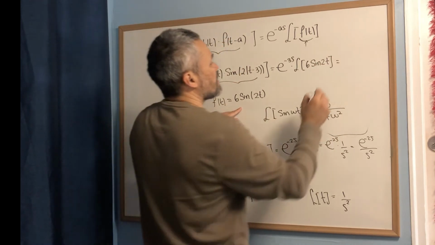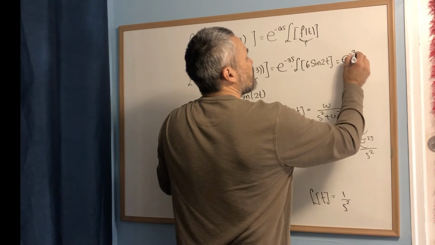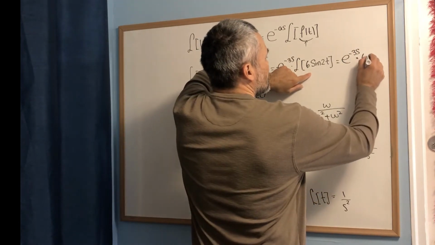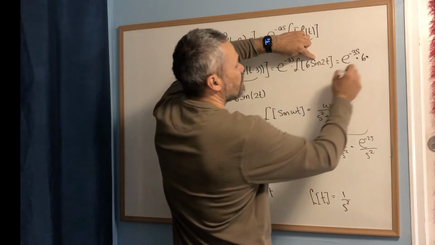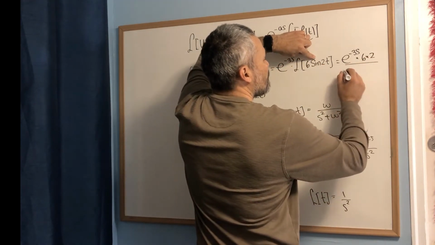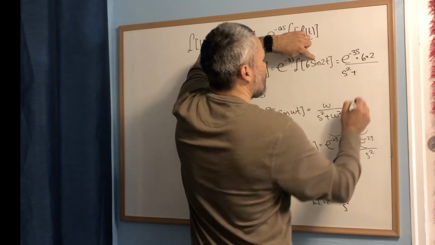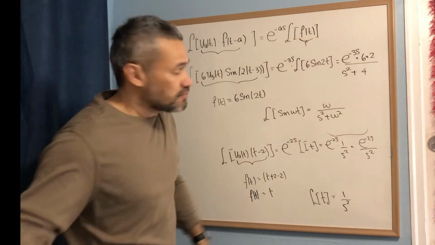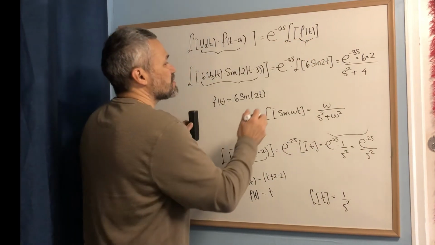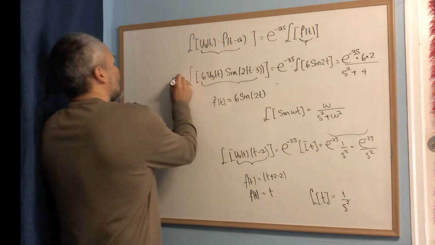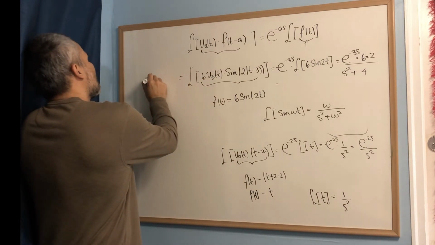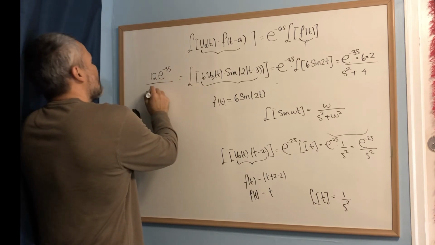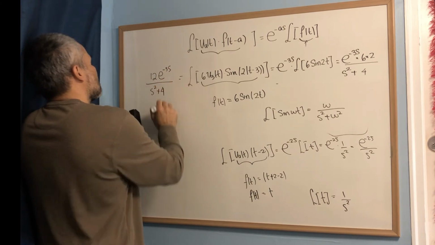And therefore this is just e to the negative 3s times 6 times the Laplace transform of sine of 2t, which is 2 over s squared plus 4, since omega is 2 and omega squared is 4. Then this is just 12 times e to the negative 3s over s squared plus 4.